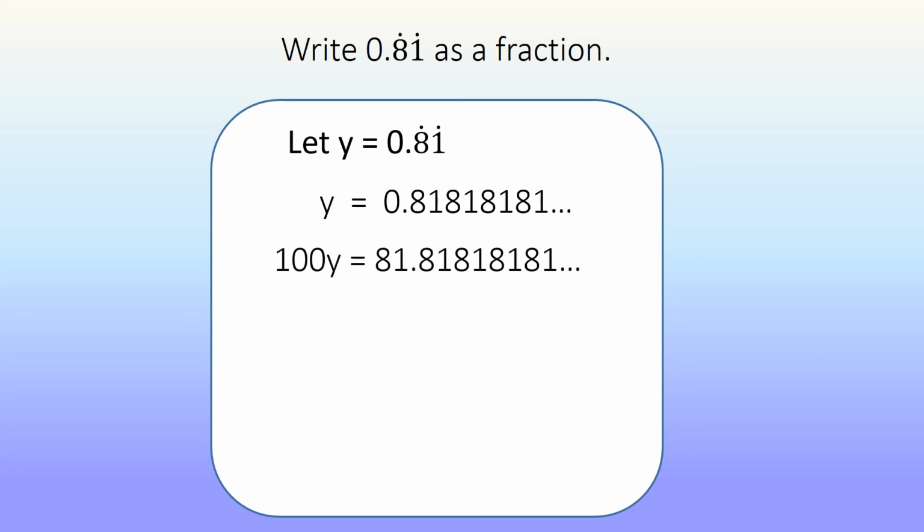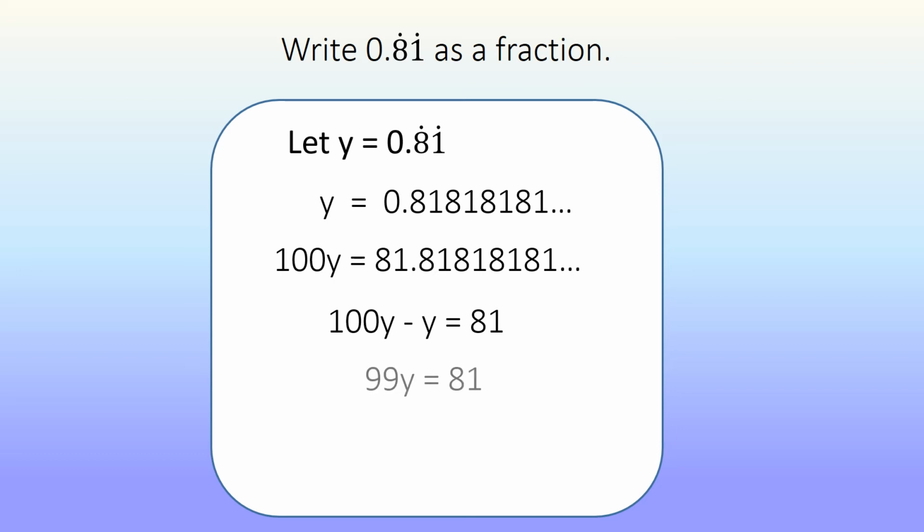So in this case, we're going to multiply it by 100, because multiplying it by 100 means that we've got 81 in front of the decimal point, and again we've got 81, 81, 81 after the decimal point. So when we subtract, 100y minus y just leaves us with 81, because 0.818181 take away 0.818181 is nothing. We've gotten rid of it.